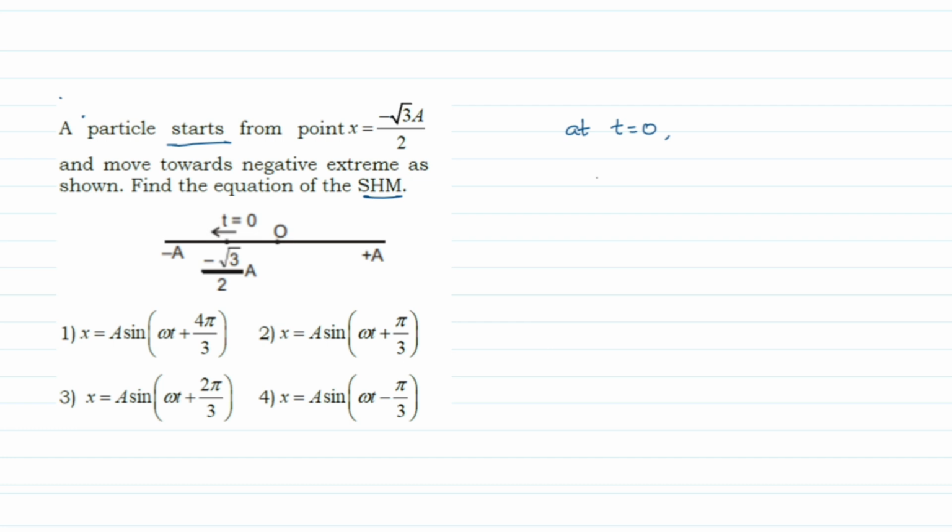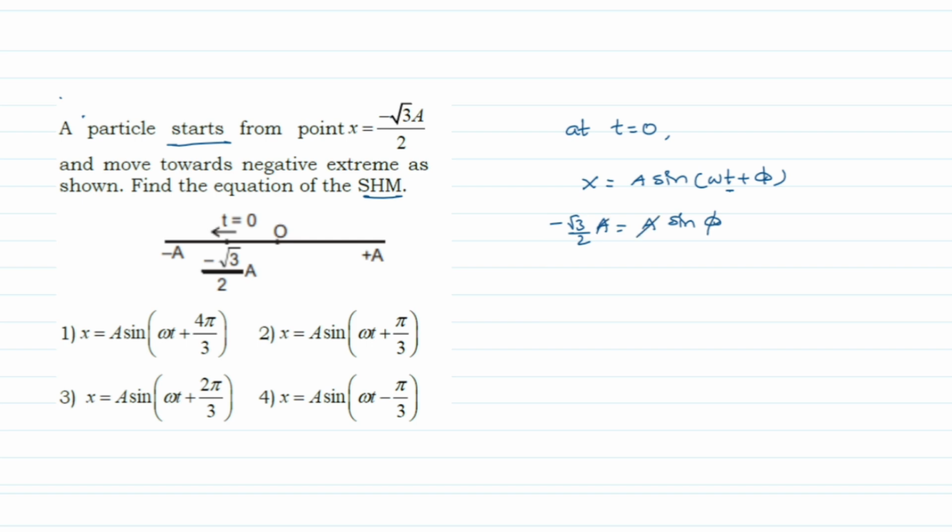So the basic equation in terms of the displacement of the particle will be taken as x equals a sin(omega t plus phi), which you can write as a sin(omega t plus pi). The x value is given as minus root 3 by 2 a, which is equal to a sin pi at time t equal to 0, in the sense that when you put t equal to 0, you get a sin pi.